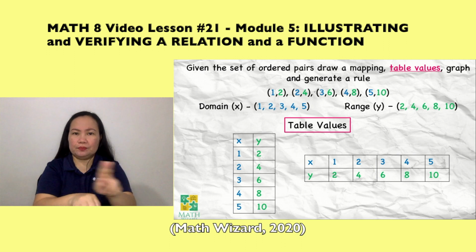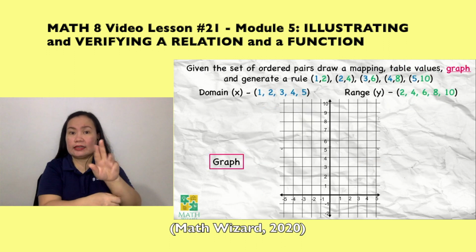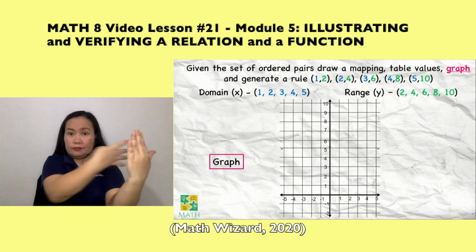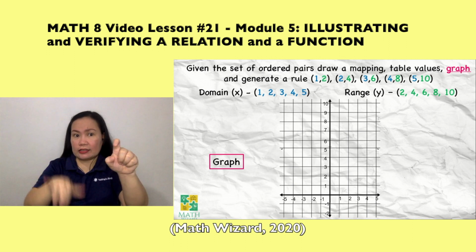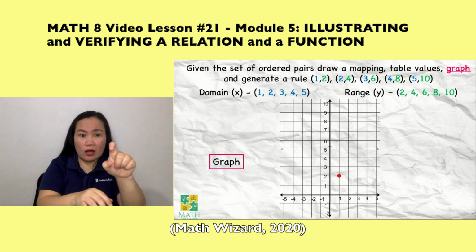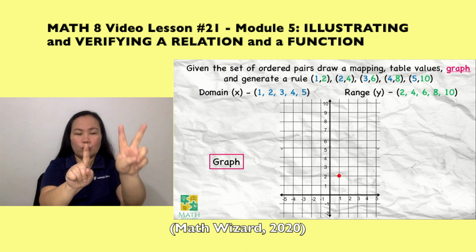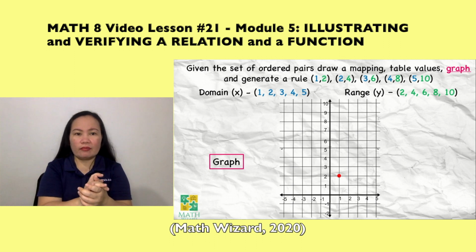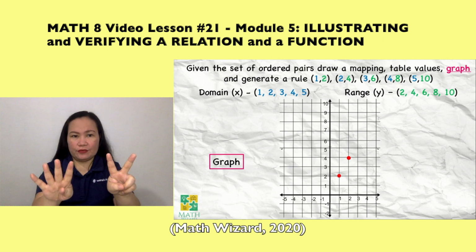Okay? Okay. Sumunod naman ay using graph. Iga-graph natin siya. So, based from our coordinates, when x is 1, ang ating y daw ay 2. So, when x is 1, y is 2, so it's here. Second coordinates, when x is 2, ang ating y ay 4. Okay, dito siya.